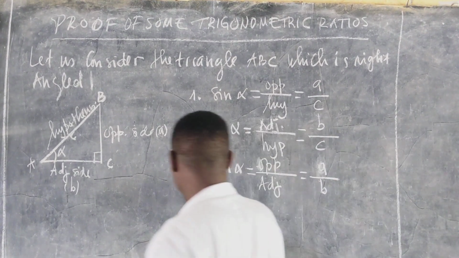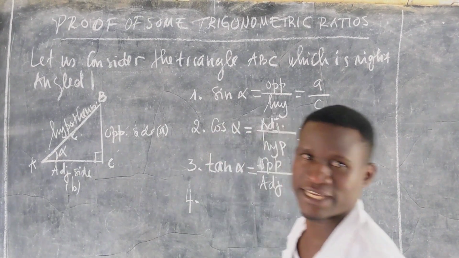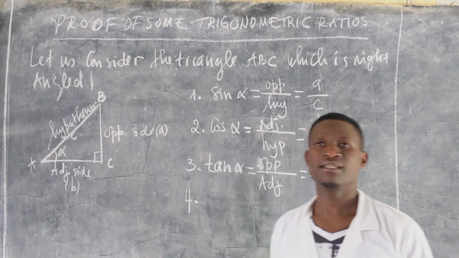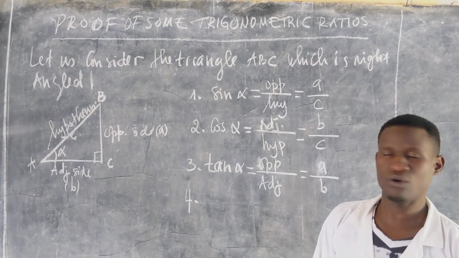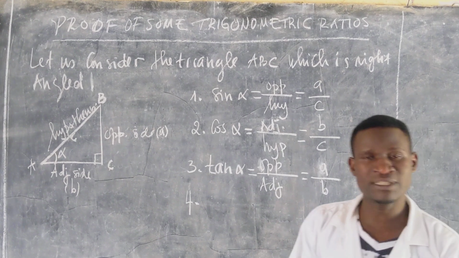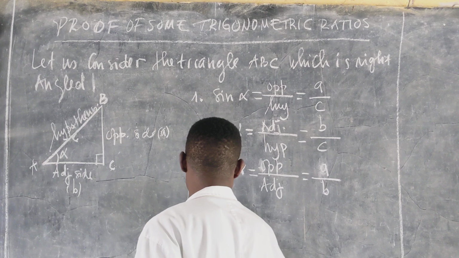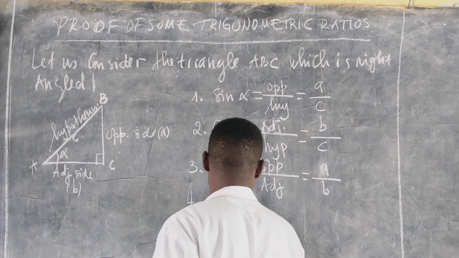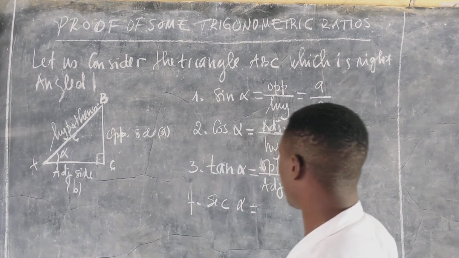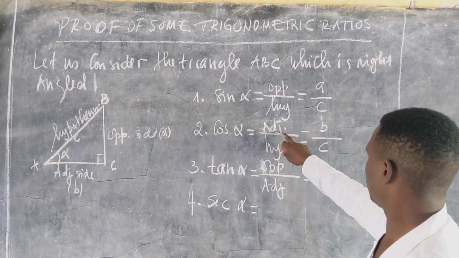The fourth trigonometric ratio is called the secant. Secant of an angle alpha is denoted by sec alpha, which is equal to the inverse of cosine.